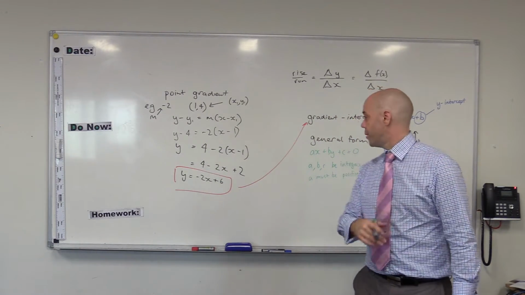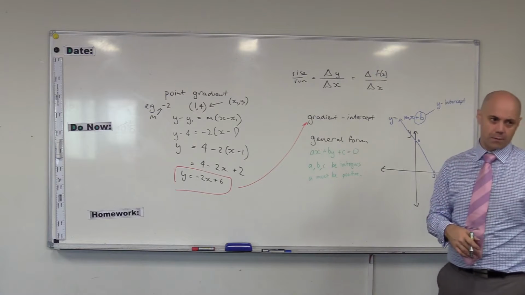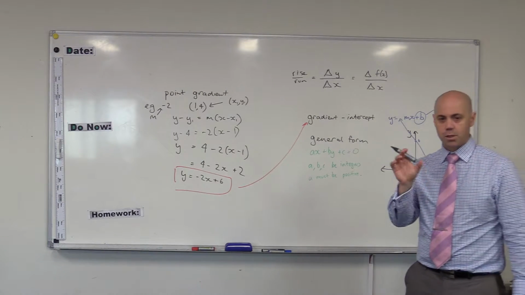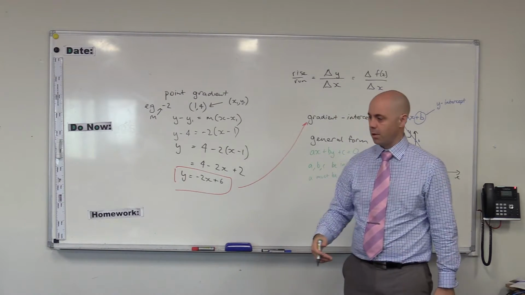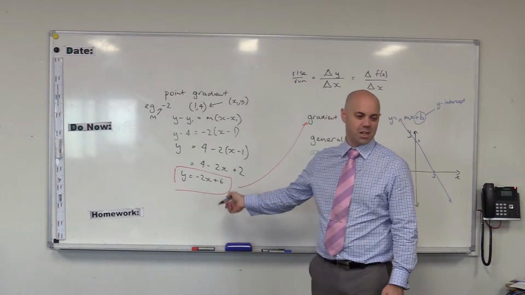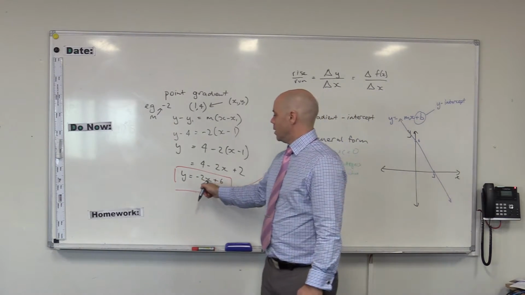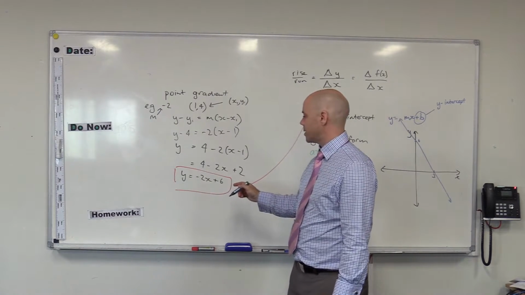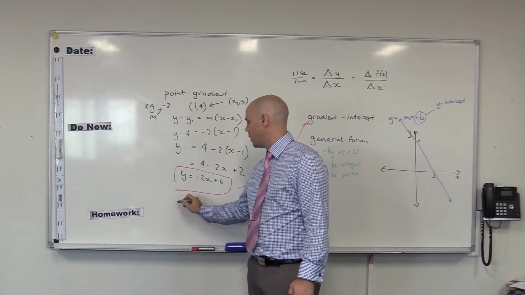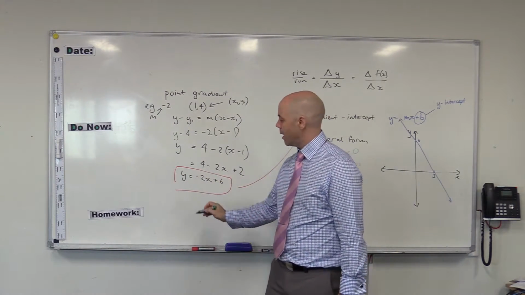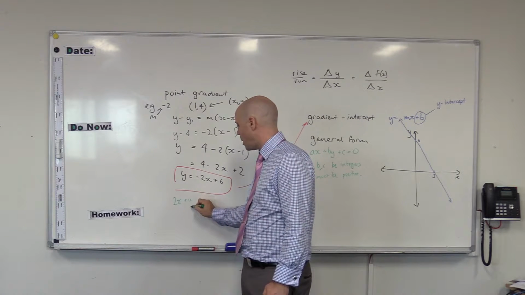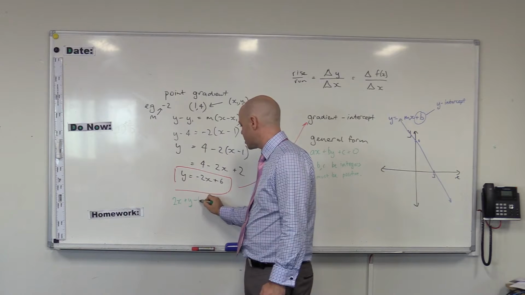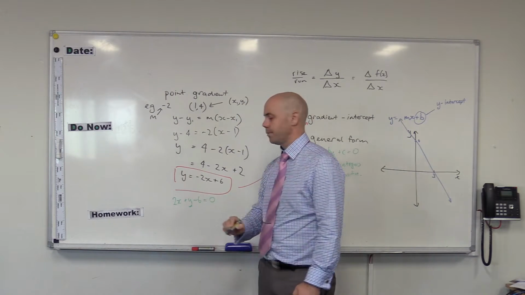It means putting everything onto one side of the equation. The x term must be positive and everything must be whole numbers, no fractions involved. Okay, we've already got no fractions, that's easy for us. Let's push that 2x onto this side and the y onto this side, and so it becomes a positive 2x plus y minus 6 equals 0.